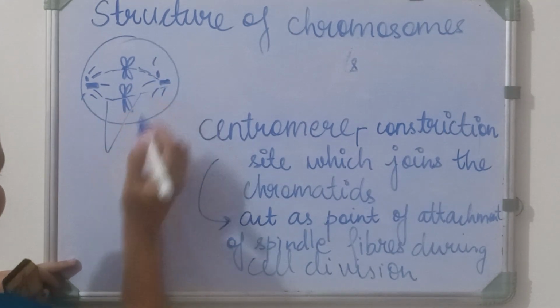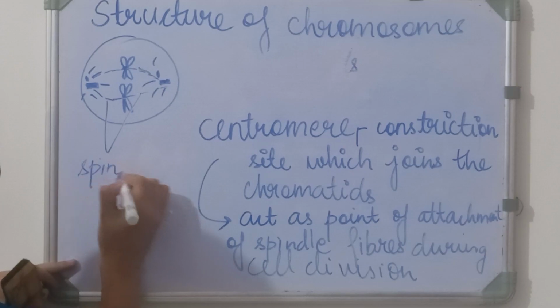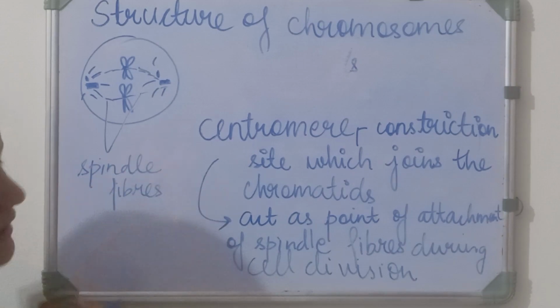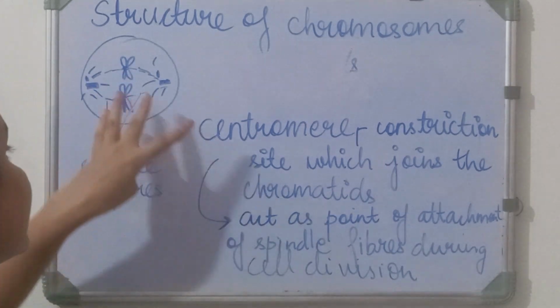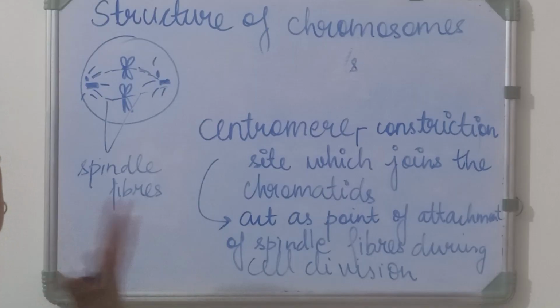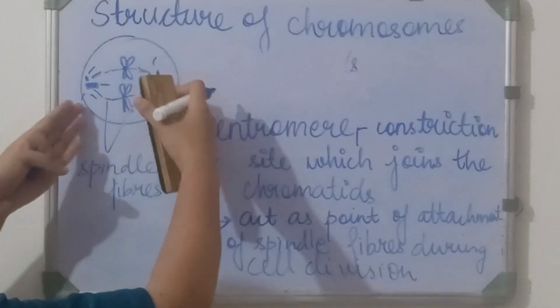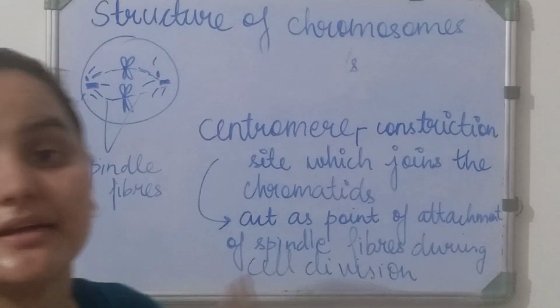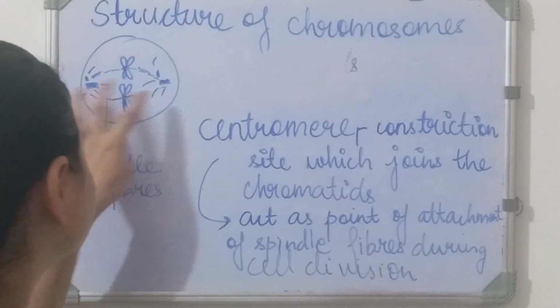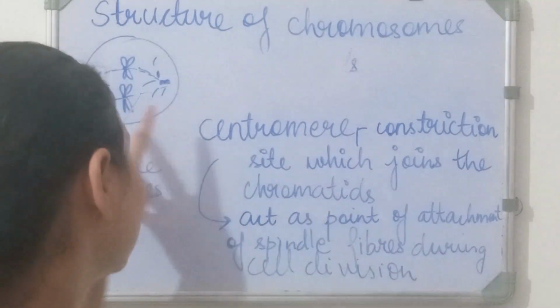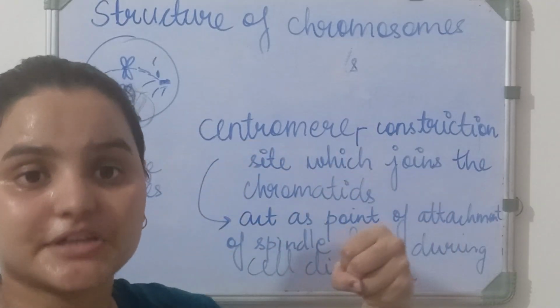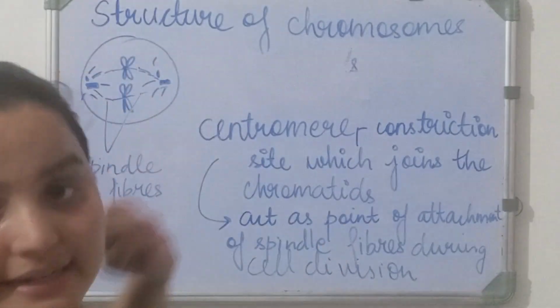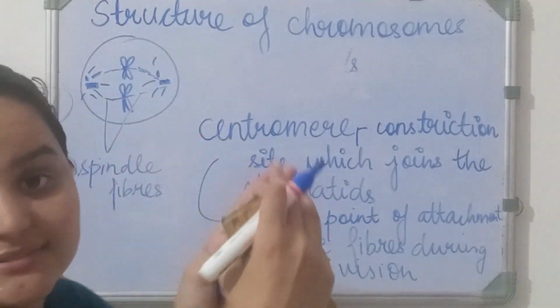This is the spindle fibers. With the help of the centromere, the spindle fibers are attached to the centrosomes at opposite poles. Now what happens when the cell is dividing? These centrosomes, with the help of spindle fibers, contract, and the chromatids separate.